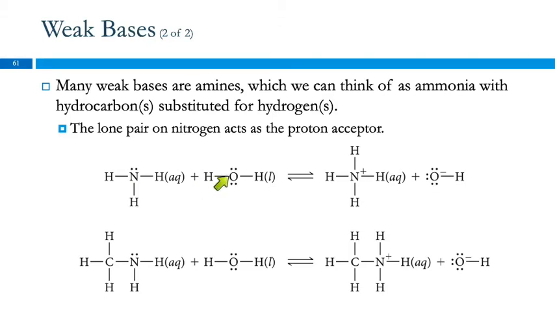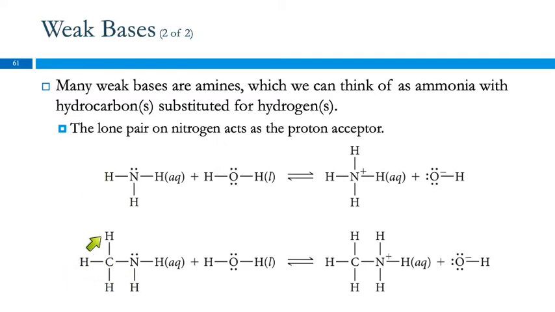So here it's sharing a pair of electrons with oxygen. It can leave its pair of electrons over there and come and share this pair with the nitrogen, and we get ammonium ion.